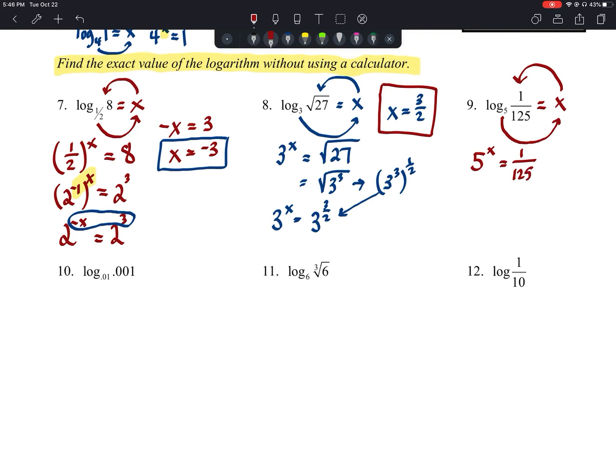Now I know that 125 is the same thing as 5 to the third, so this is like 1 over 5 to the third, and then if we want to move it to the numerator, we're going to end up with 5 to the negative third power is equal to 5 to the power of x. Therefore, x is going to have to equal negative 3.